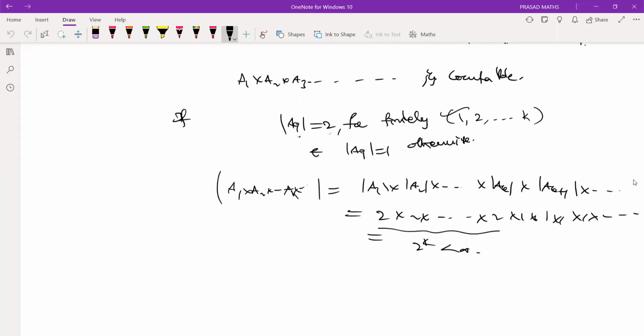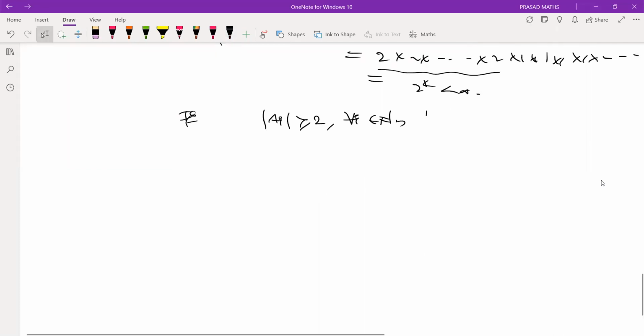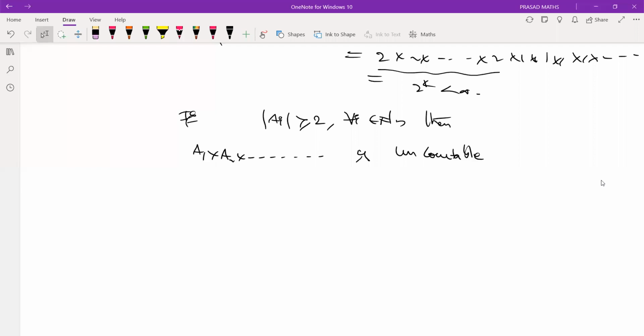So what you observe is, if you take a bigger set, that means what? What is the negative of this? If the cardinality is bigger than or equal to 2 for every i, then automatically A1 cross A2 cross, going on, the infinite Cartesian product is always uncountable. Is it clear? Why? So we can have two choices.